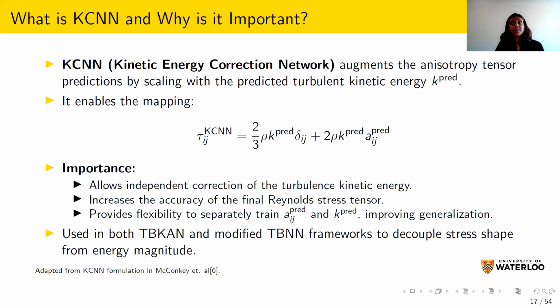The reason there's a different network that gets the KCNN values for us is because if we just took it from DNS, that, as I mentioned, would be probably cheating, because this allows independent correction of the TKE values and also increases the accuracy of the final Reynolds stress tensor. And this is constant in both TBCAN and the modified TBNN framework. And again, this is adapted from the KCNN formulation in McConkey et al., which is our reference 6.